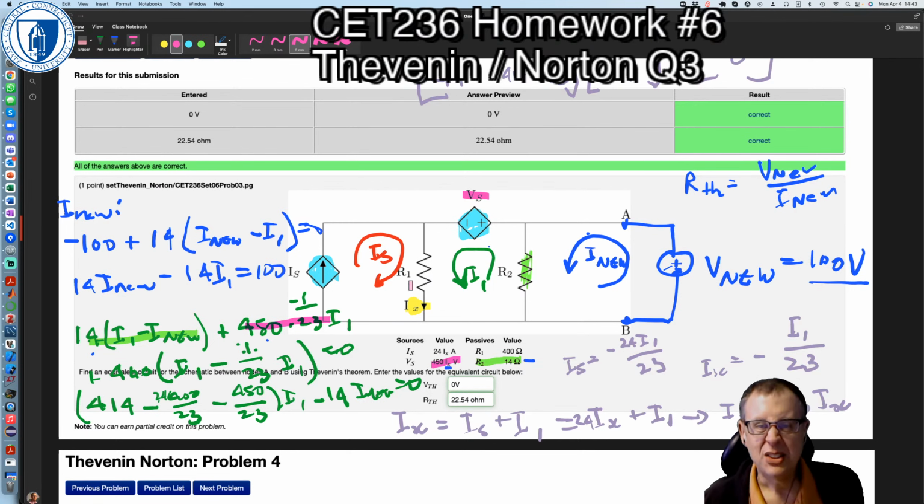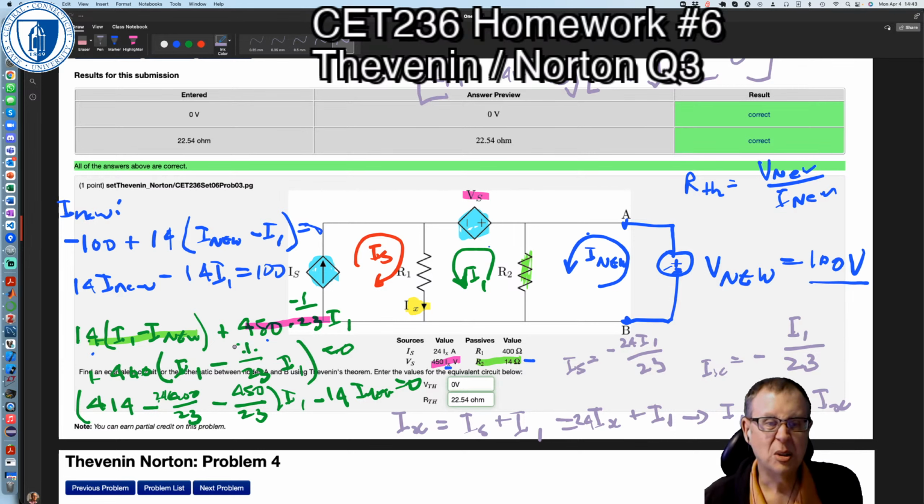And then we need R1, which is 400 times I1 plus IS, and IS is minus 24 on 23 I1.